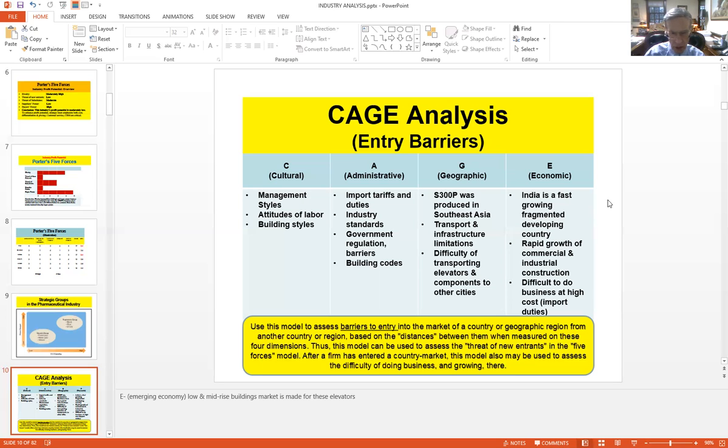In India, for instance, it's pretty hard for people to buy new homes because they just can't afford it. The same is true for cars. Later on, we'll see how India's economy resulted in the development of new kinds of cars. In any event, the CAGE analysis is very useful in assessing barriers to entry, one of those 5 forces.